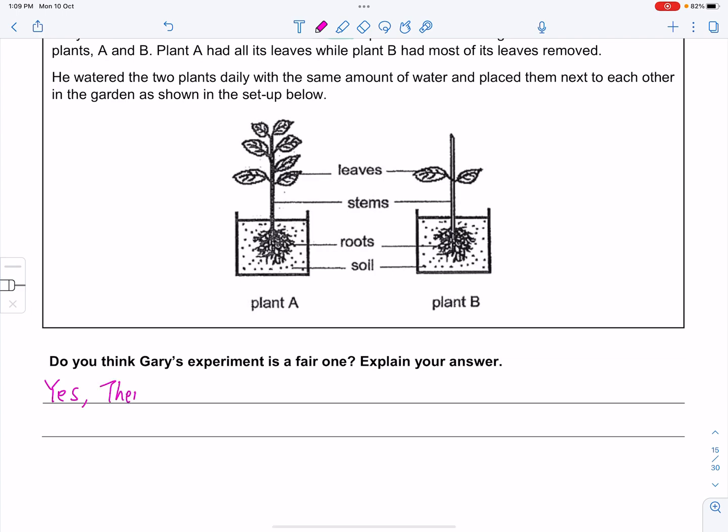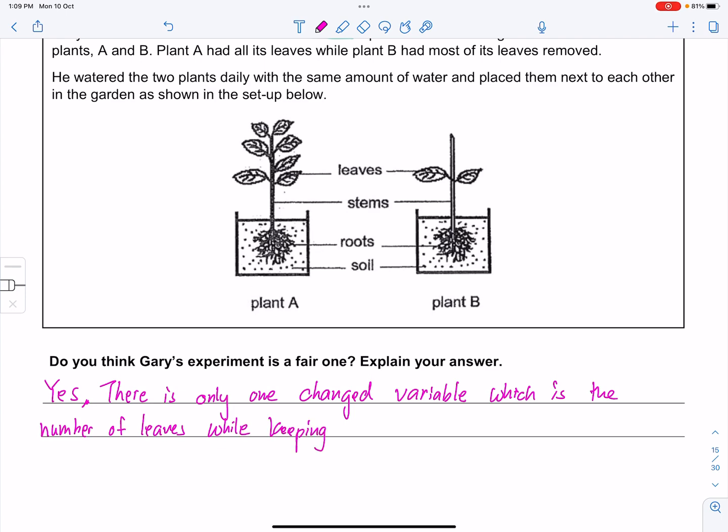There is only one change variable, which is the number of leaves while keeping other variables constant. Constant means the same. Okay?